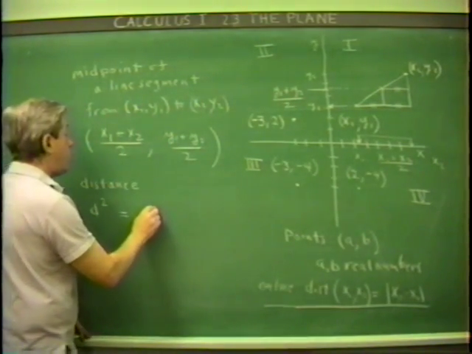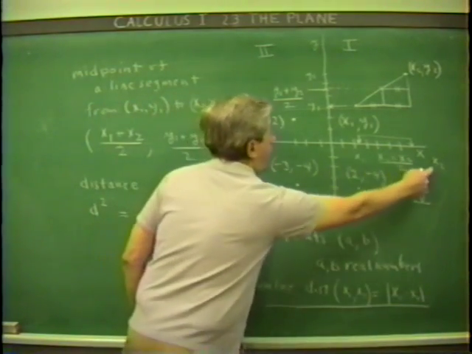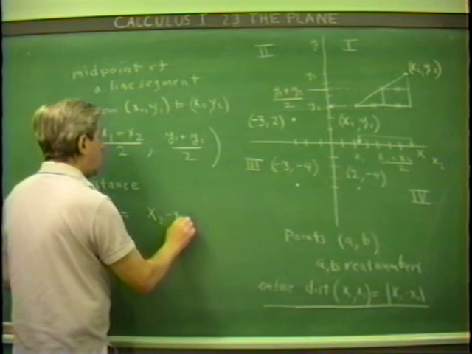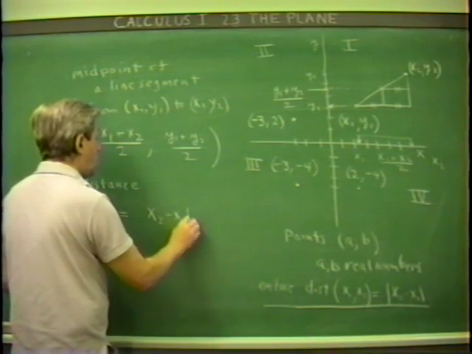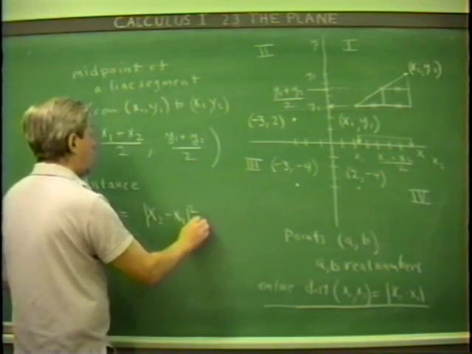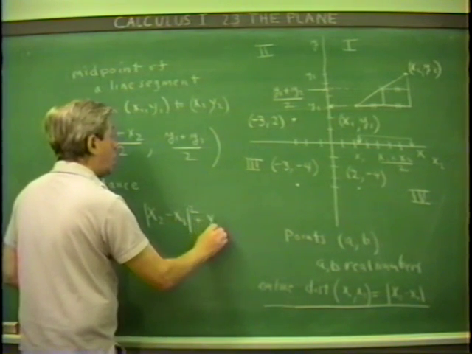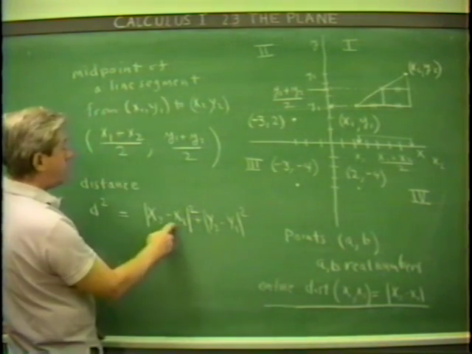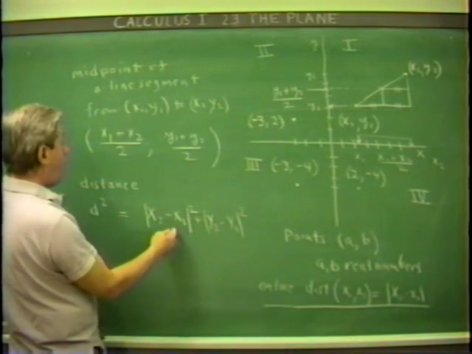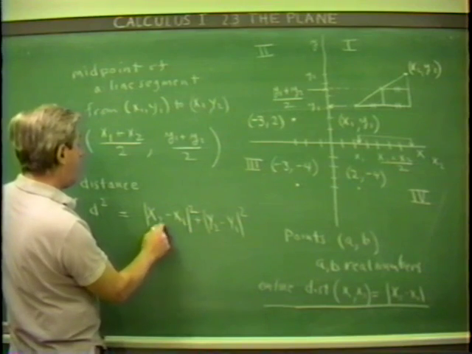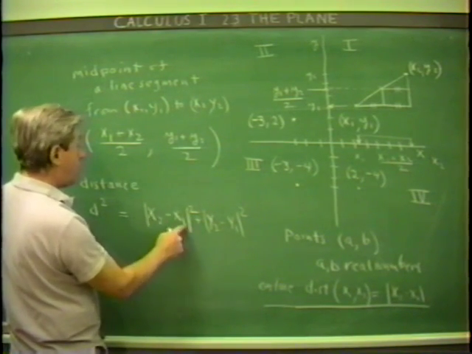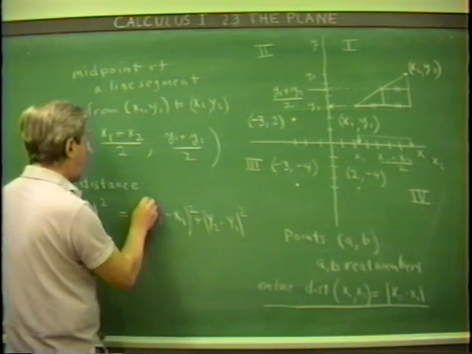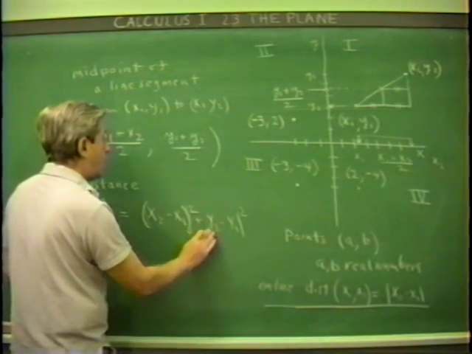That's to say the distance squared is going to be x2 minus x1 in absolute value squared plus y2 minus y1 in absolute value squared. Now, since it doesn't make any difference when you square a number, whether it's positive or negative, squaring the absolute value is the same as squaring the number itself. These absolute value signs here are frequently not put there, but rather parentheses are.